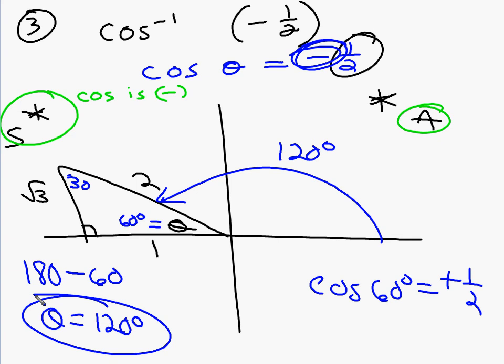Let's do one with tangent. Let's say that I had the inverse tangent of negative radical 3. Well, first off, remember that I said tangent is just like sine.